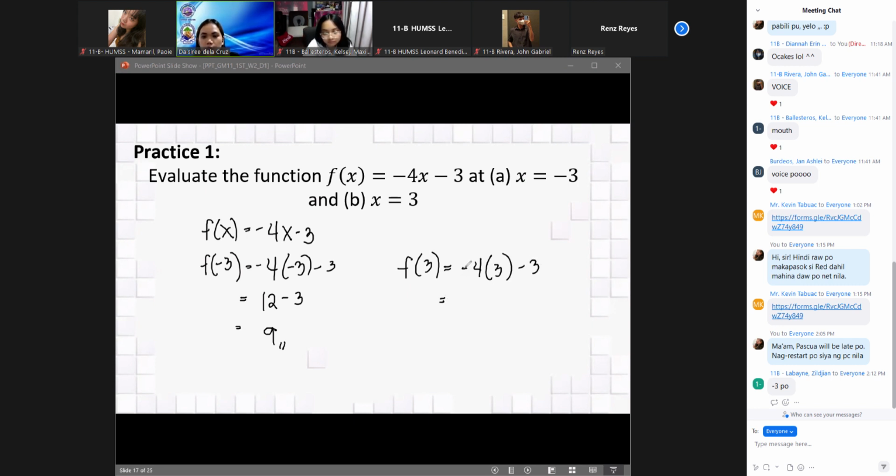Okay? So negative 4 times 3, negative 12. Negative 12 minus 3, negative 15. So therefore, ito yung sagot sa letter A, and then ito naman yung sagot for letter B. Okay, so ganun lang mag-evaluate ng function, ha?